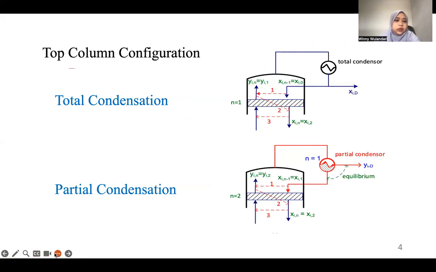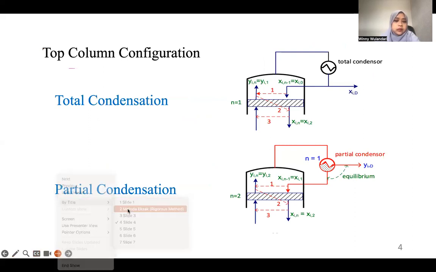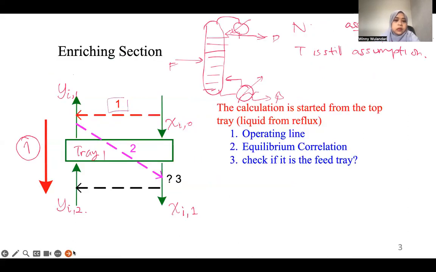Okay, I think I have to go back. Okay, so the first one, let's have a look at the enriching fraction. In the enriching fraction, the calculation will start from the top tray, if you consider this one as the top tray, and then from the liquid from the reflux, because we know the composition of the liquid from the reflux. We know the distillate.